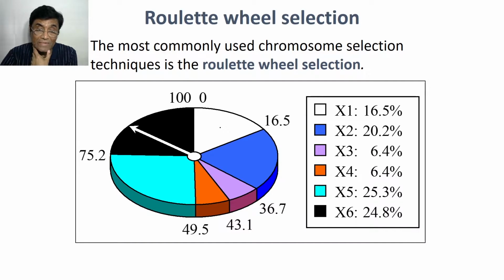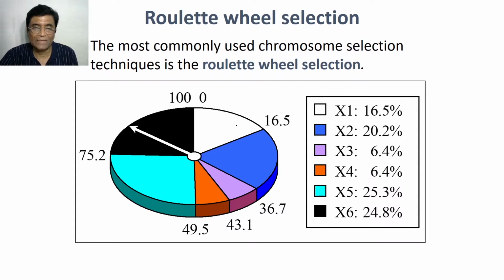This is random selection, but randomness should be logical also. If this is occupying maximum space, then logically, most of the time, the indicator will stop here. So it will be selected in the next generation, like that. Okay. So this is Roulette Wheel.